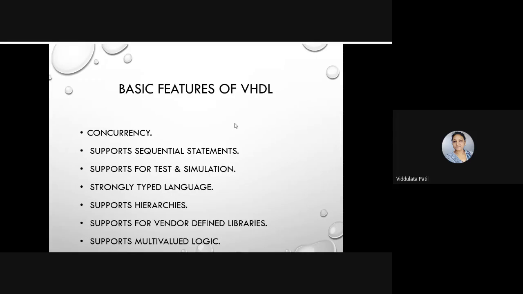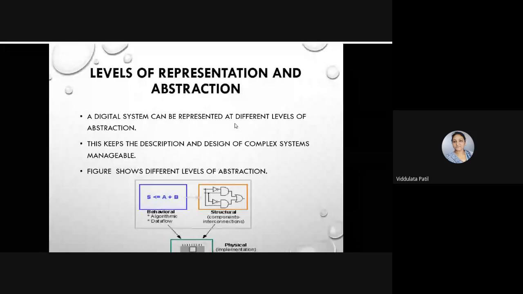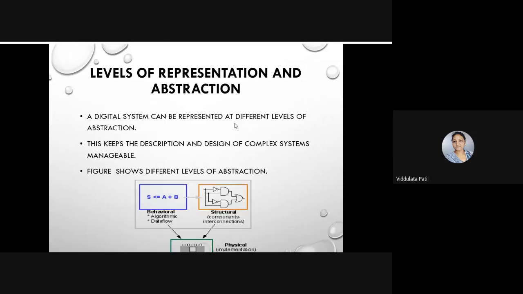So there are different levels of representation and abstraction whenever we are representing a digital system. Suppose we have a certain digital system, then we can represent that system using a Boolean expression. That means we can express the system in a certain equation, and then we can represent that system. That type of modeling is called behavioral modeling, or we can have structural modeling.